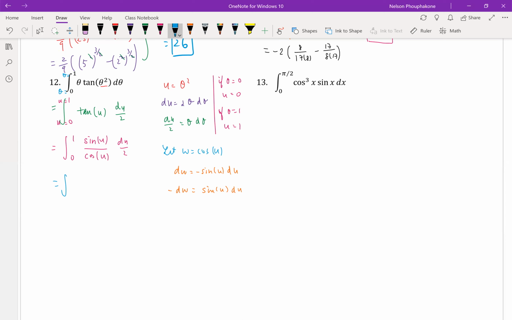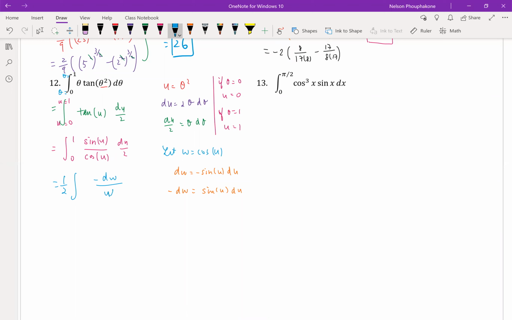So anyway, let's try this. I will take out the 1/2, and then sine of u du is negative dw, so we have negative dw over w.